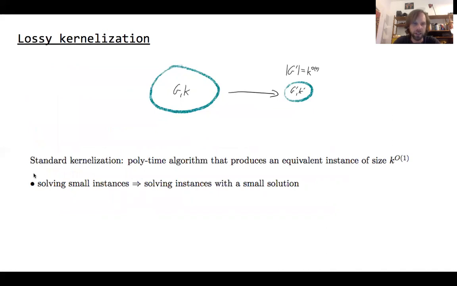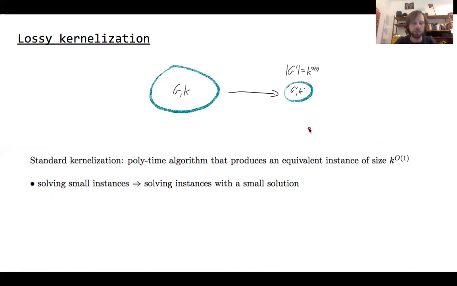Recall that in standard kernelization, we look for a polynomial kernel for a parameterized problem. So a polynomial time algorithm that takes an instance (G, k) and produces an equivalent instance of size polynomial in terms of the parameter k.